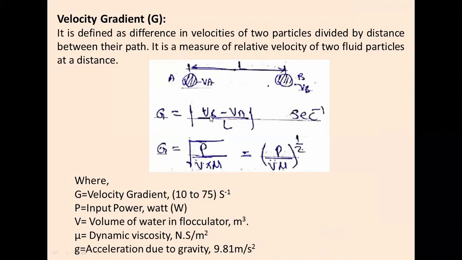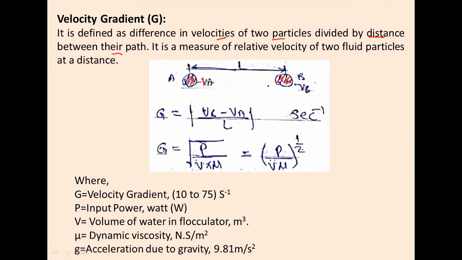So let us see what is velocity gradient. Write down there in your notebook: velocity gradient, capital G. This velocity gradient is defined as the difference in velocities of two particles divided by the distance between their paths. There are two particles, suppose this is one particle and this is another particle.